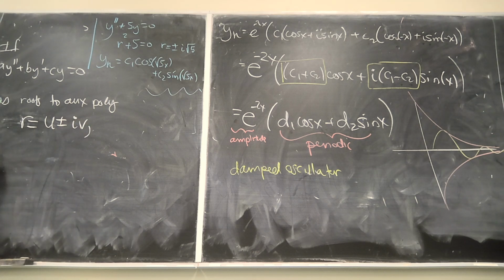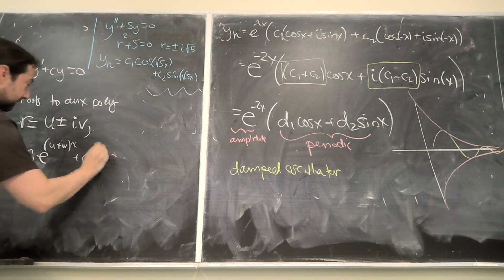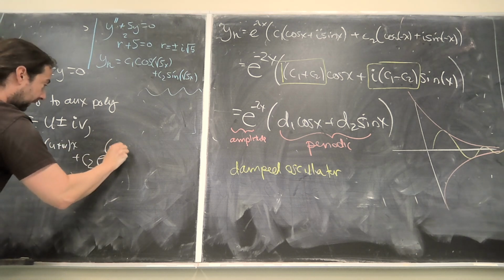then the homogeneous solution yh is going to look like, one way of writing it, c1 e to the u plus ivx plus c2 e to the u minus ivx.